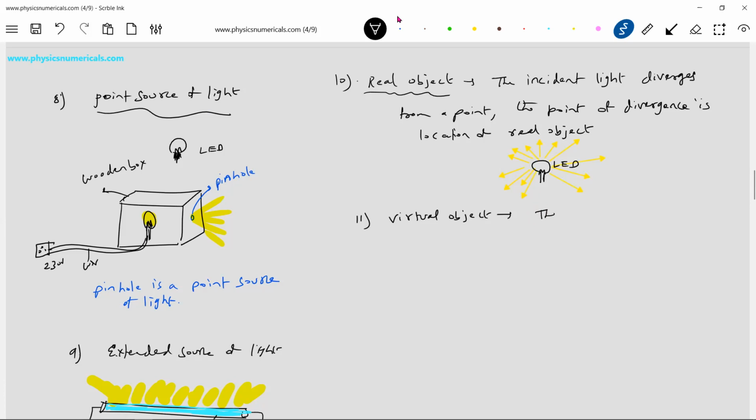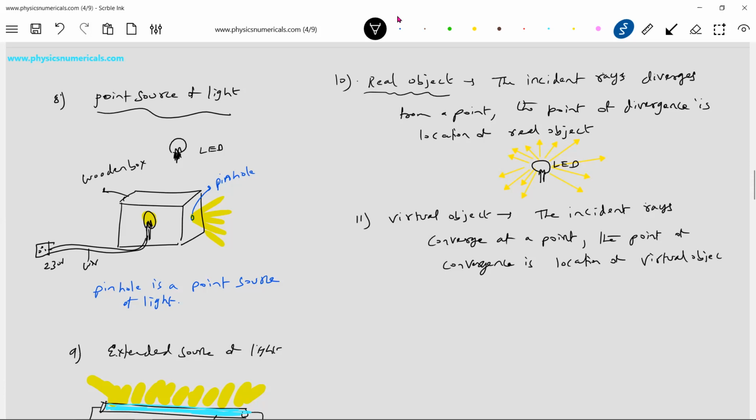If the incident rays, because we are dealing with ray optics, if the incident rays converge at a point, the point of convergence is the location of a virtual object.